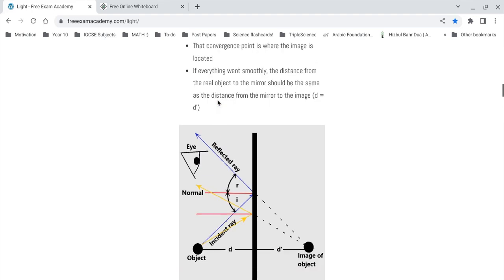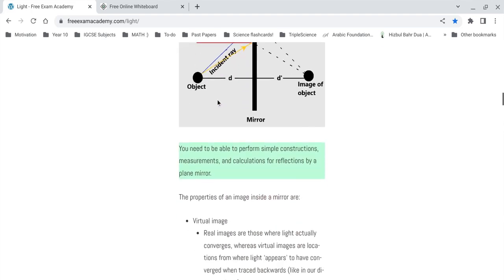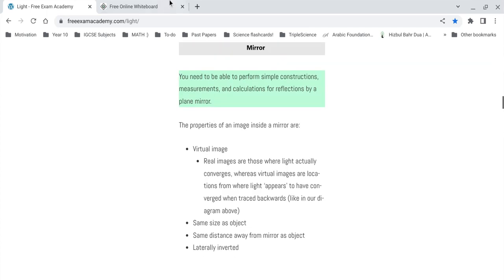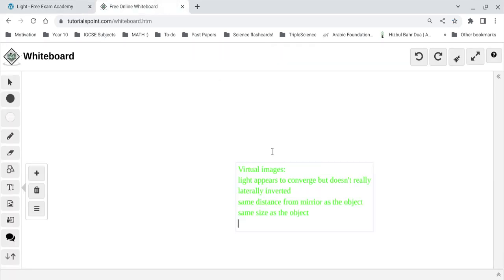What else? Okay, I put everything. So just remember that. Light appears to converge but doesn't really converge. It's laterally inverted. It's the same distance from the mirror as the object, and it's the same size as the object. These are all things that, if it comes up on the test, you should be able to think of, based on your experience using mirrors.